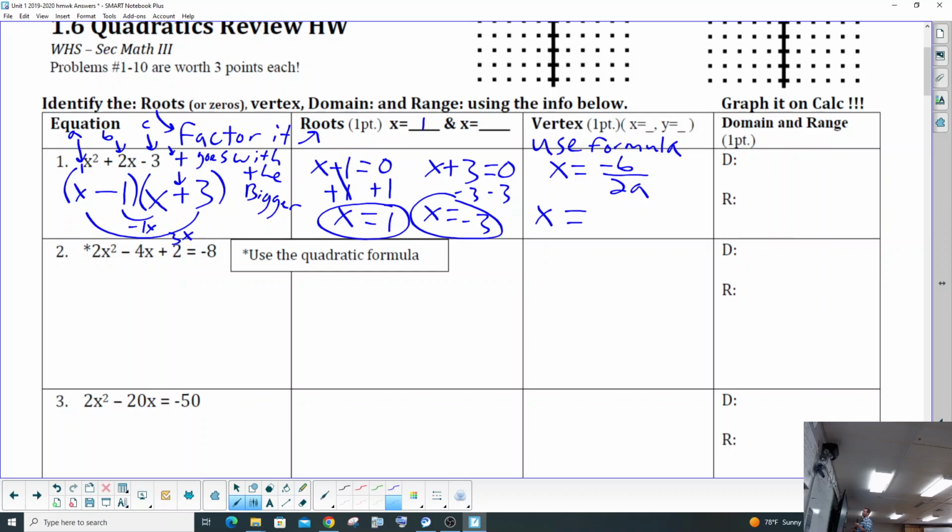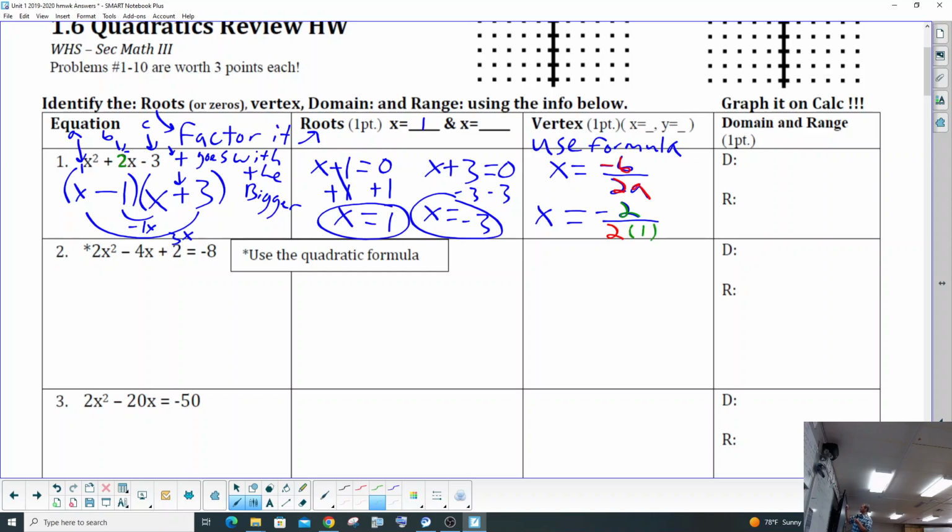Negative b would be negative 2, so we'll do negative 2 over 2a. I'm going to color code this. Negative 2 from this 2 right here, over 2 times 1.